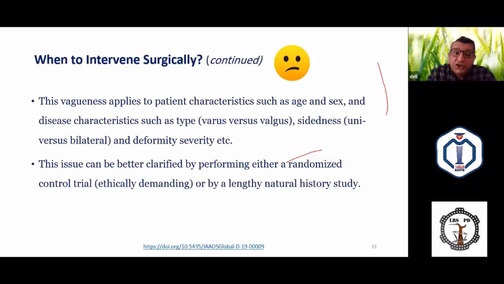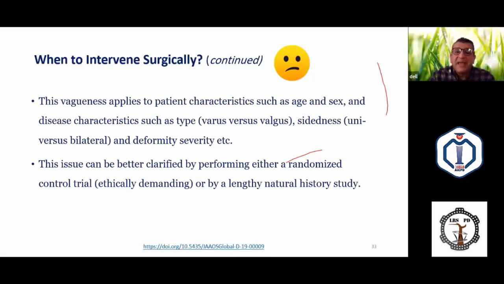And these factors are age. Age is actually very important. Possibly the rachitic children at a younger age behave differently from older children. Varus versus valgus: it is postulated that this may have an impact on prognosis. Valgus, for example, may behave differently from varus.